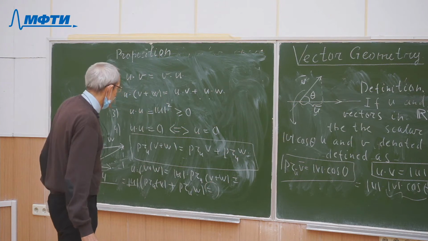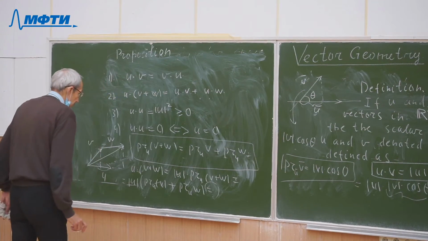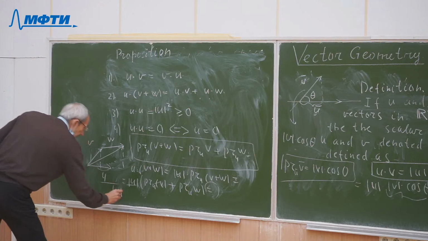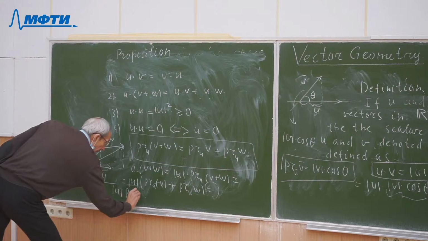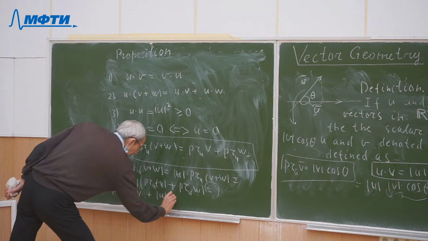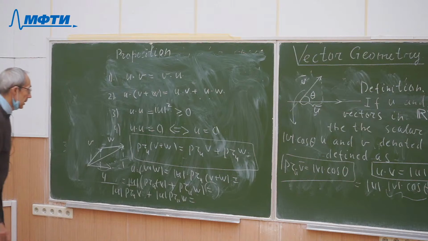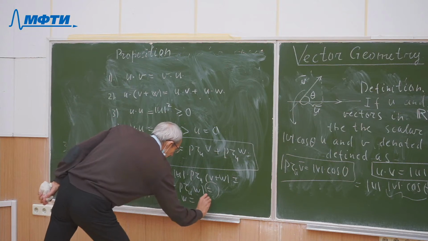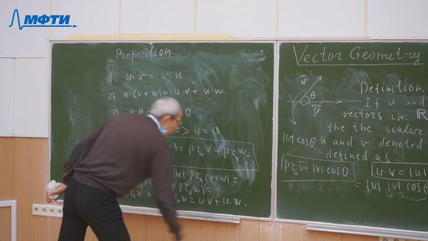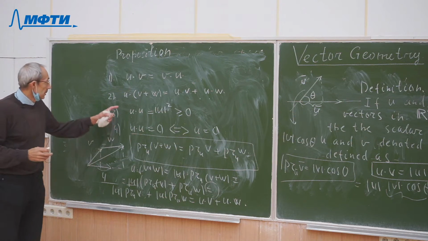Using the distributivity property for numbers, we obtain property 2.